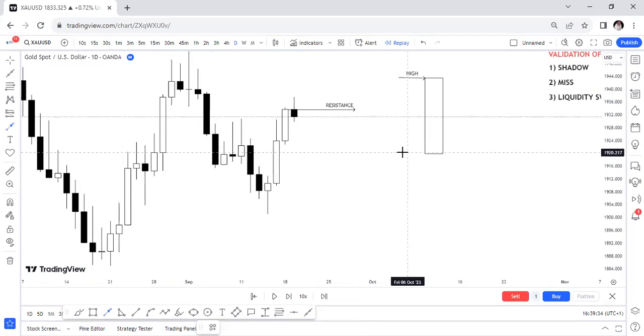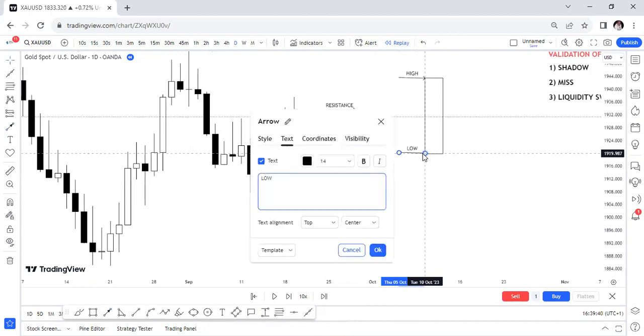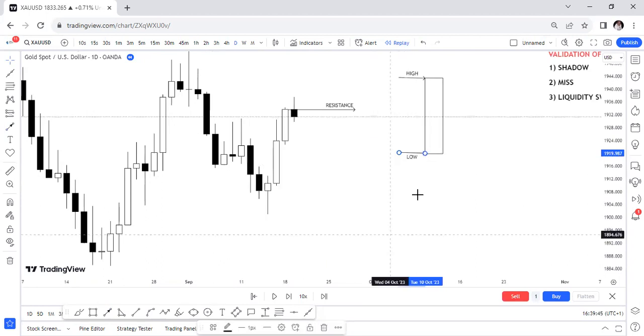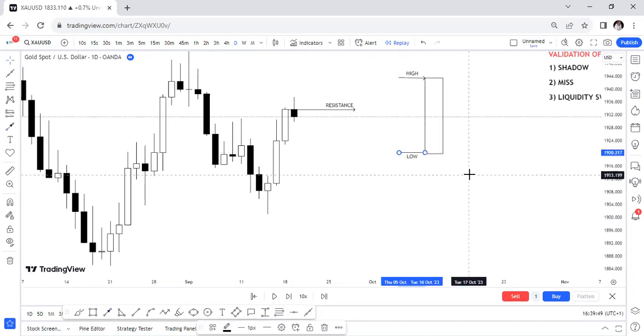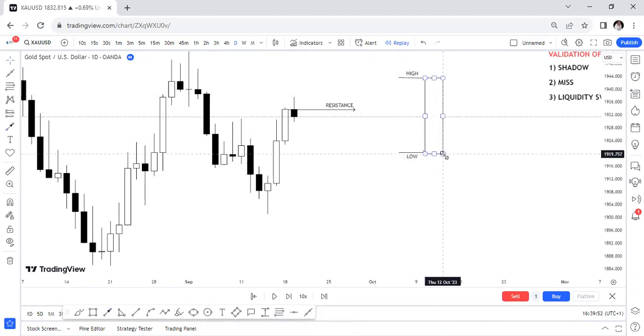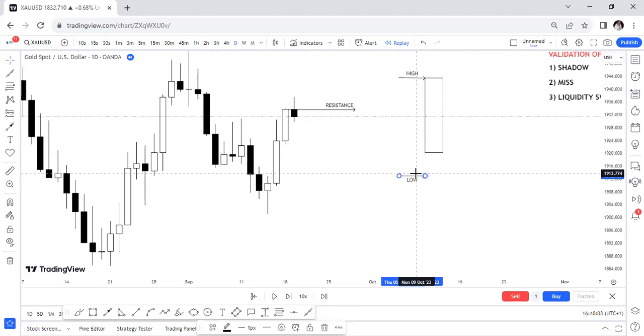Price opens here. That's the low, right? Now, I told you that it must come down. If price opens, that means price opens higher. It must therefore come down to form the low of the day or of that particular time.